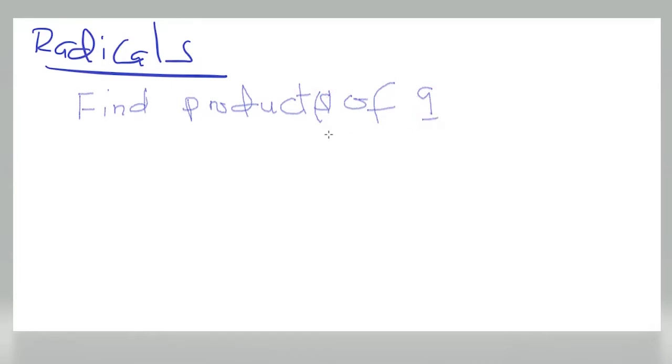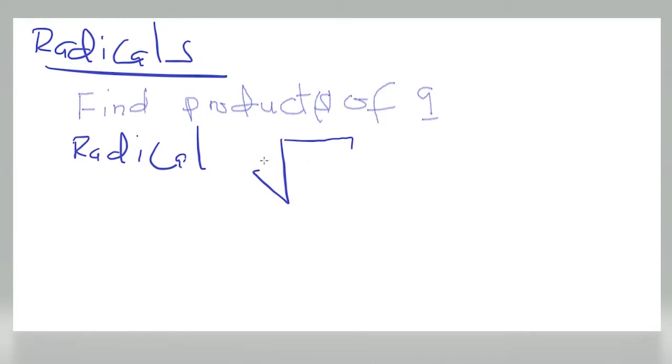Which is it? How are we going to do it? This is what is called radical. To find the root of 9 is exactly what is called radical. And radical is always symbolized by this symbol, radical.